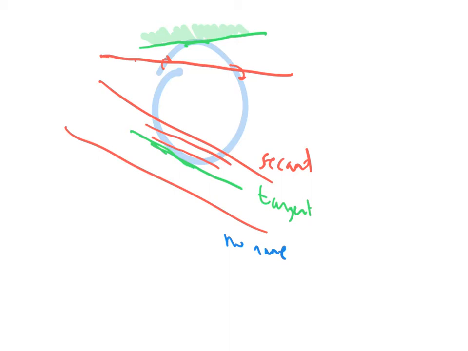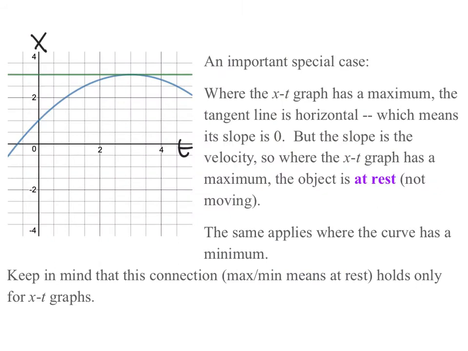That's what we're going to use for our definition in physics via calculus. We're going to say a line is tangent to a curve if they intersect, but at that location the curve does not cross over to the other side of the line. A really important special case: when the xt graph has a maximum, the tangent line is horizontal, which means that its slope is 0. That's illustrated over here. If the curve is going through a maximum point, then the tangent line will be horizontal, but that means that the slope is 0.